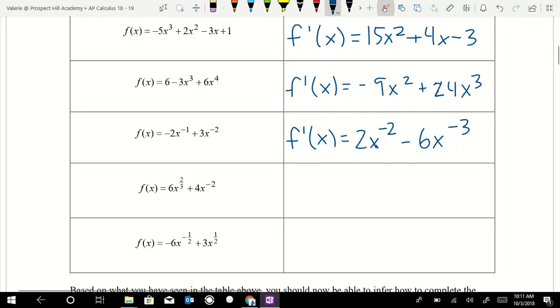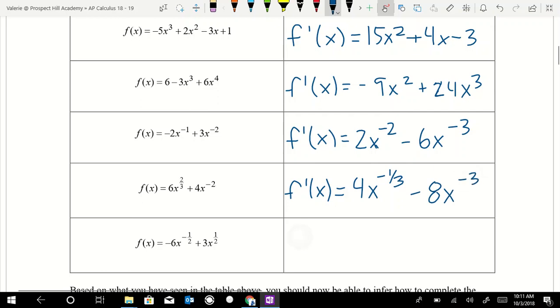The next one, f prime of x equals 4x to the negative 1/3 minus 8x to the negative 3.